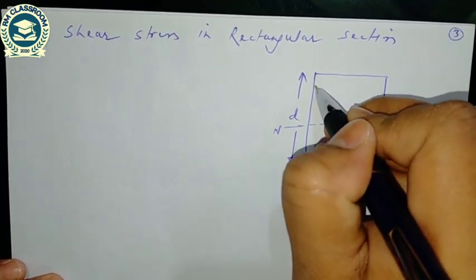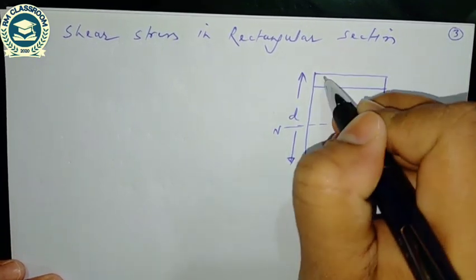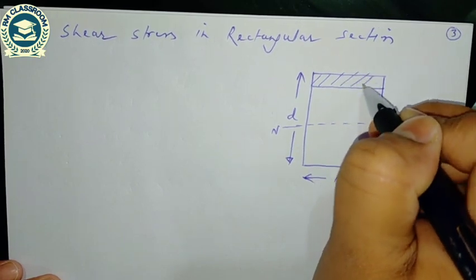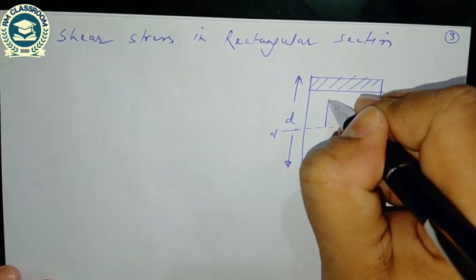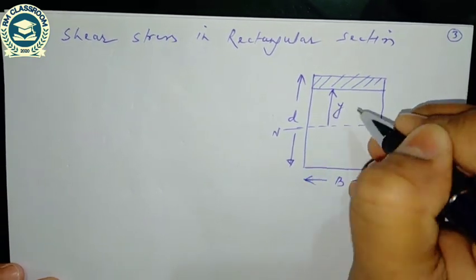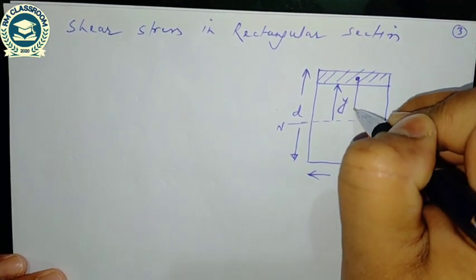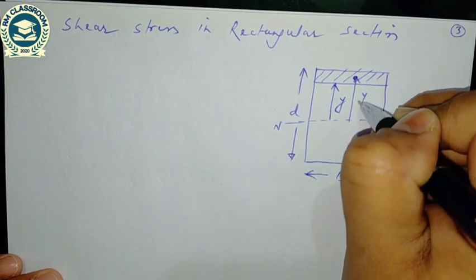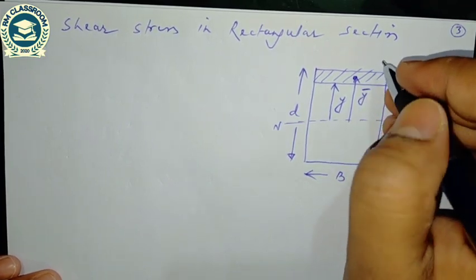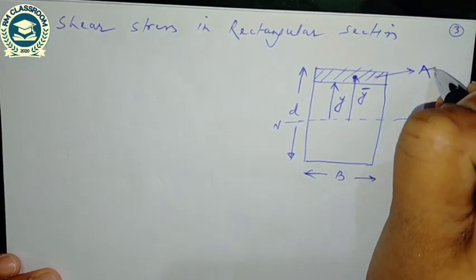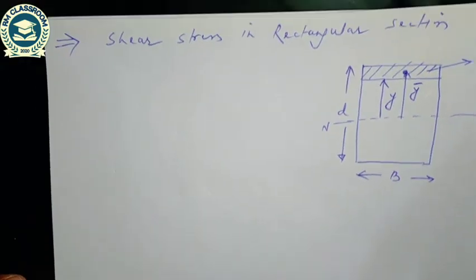I have taken a section at a distance of y from the neutral axis, and the CG y bar is this one. This is the area where we have to compute the expression of shear stress.